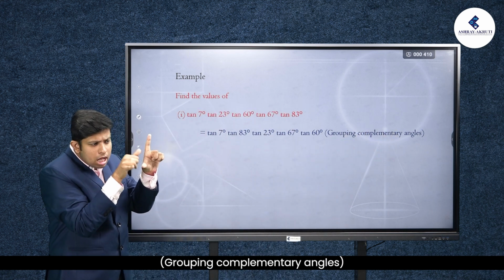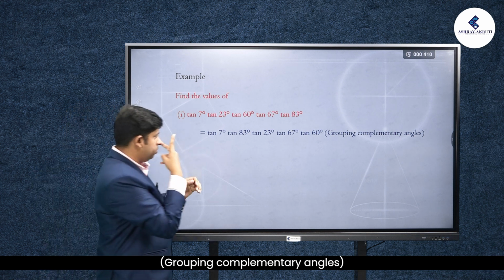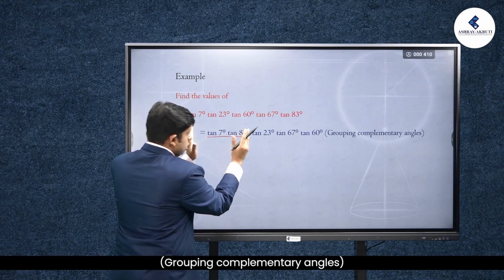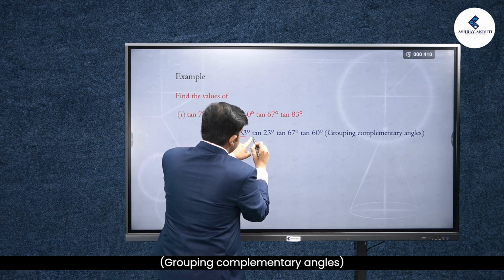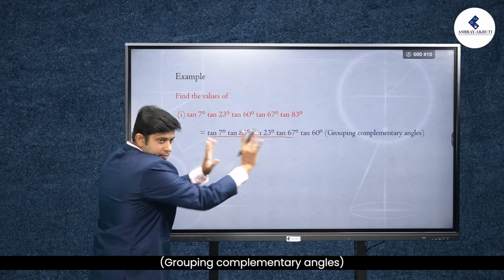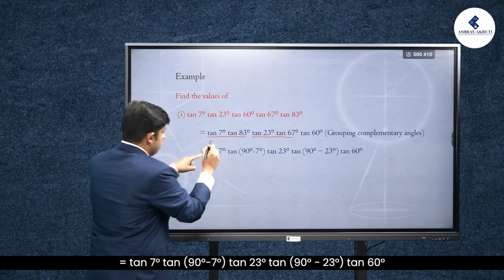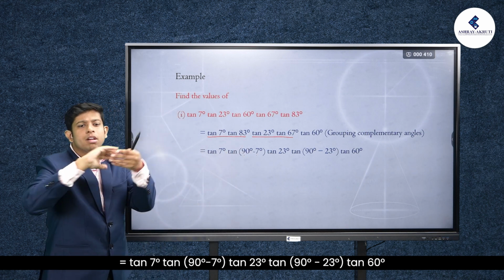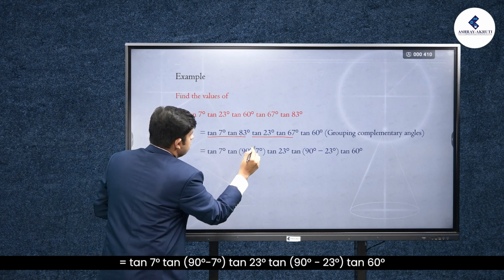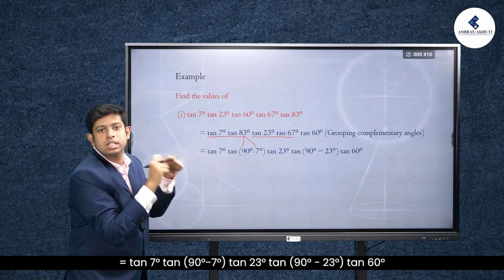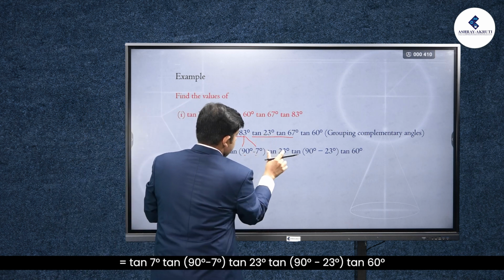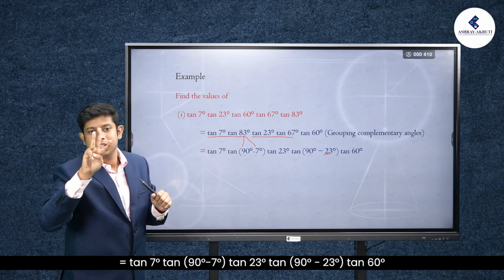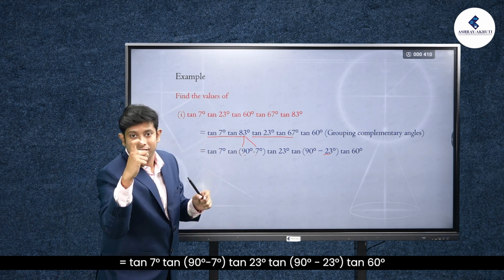Grouping complementary angles, that is equal to tan 7 degrees into tan 90 degrees minus 7 degrees, tan 23 degrees into tan 90 degrees minus 23 degrees into tan 60 degrees.